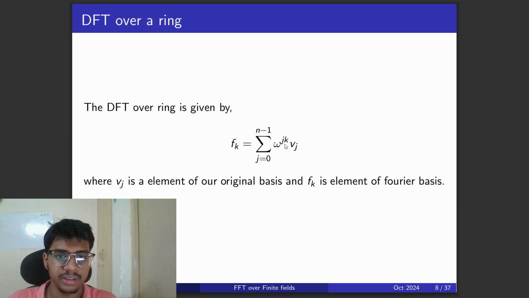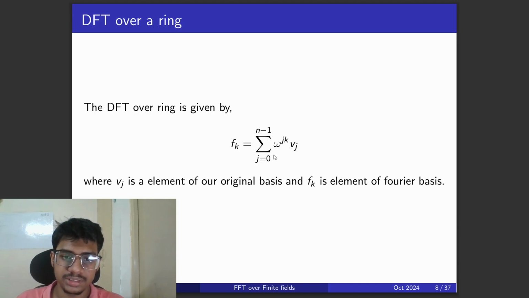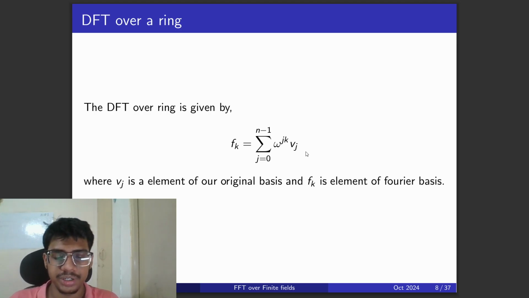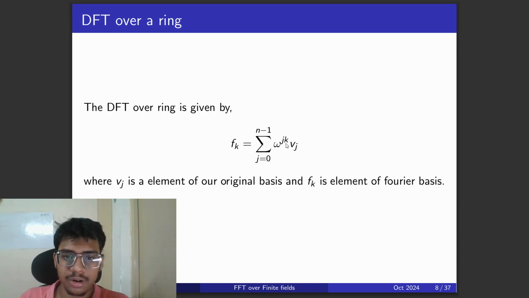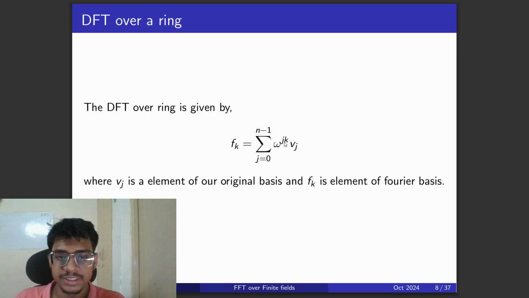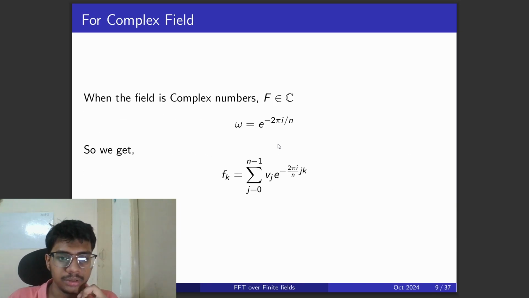In this formula we just add another summation element, say l, or any element, and we will get an extra omega to the power of kl, which will sum to 0. So the proof is trivial: you just add a new summation with a new element. So moving on.